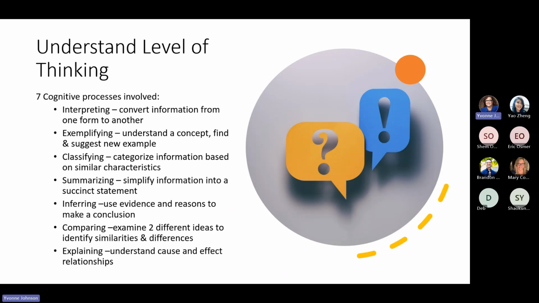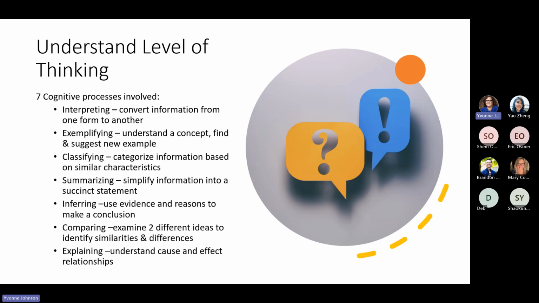So just for a consideration, for those of you that teach, take a moment and think about, for the understand level of thinking, these 7 different cognitive processes.